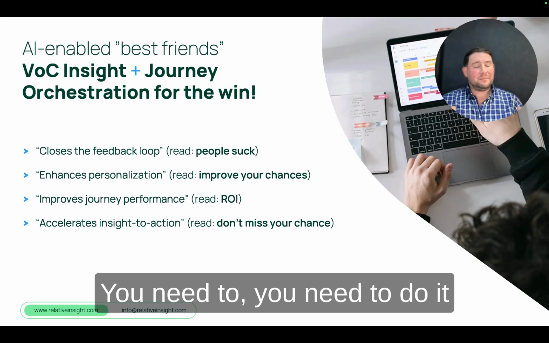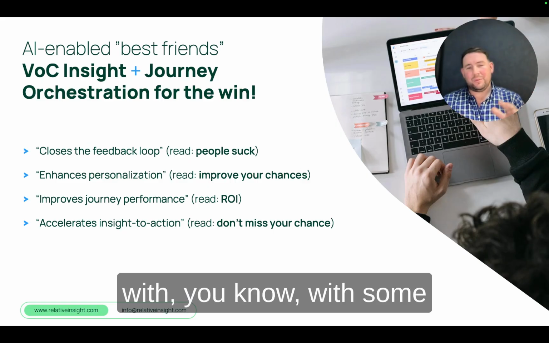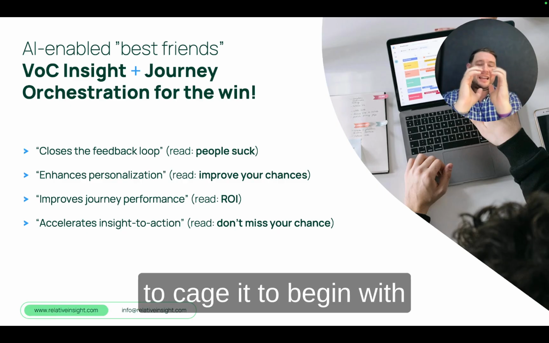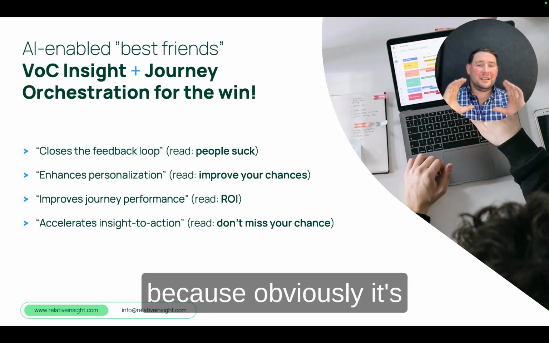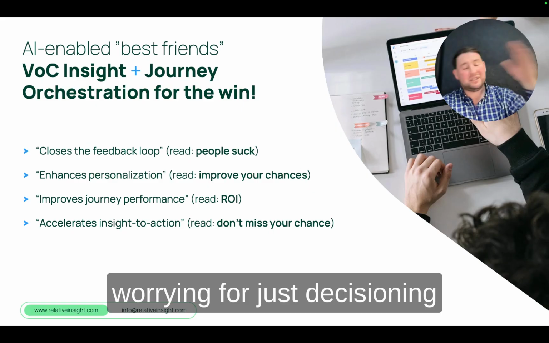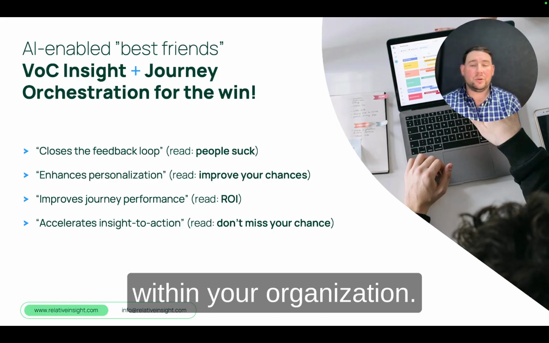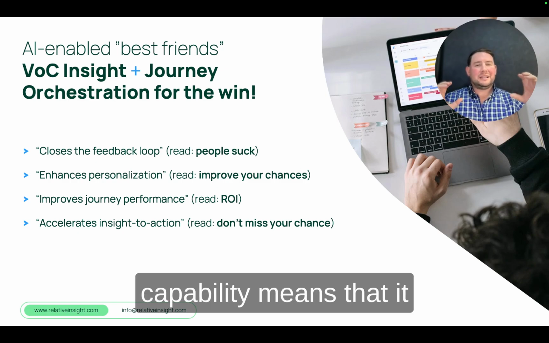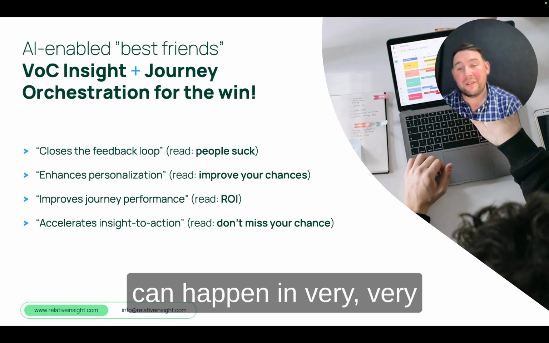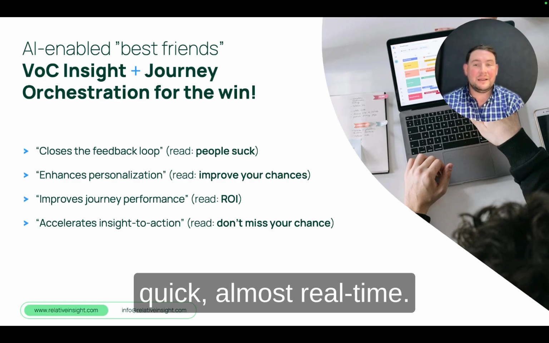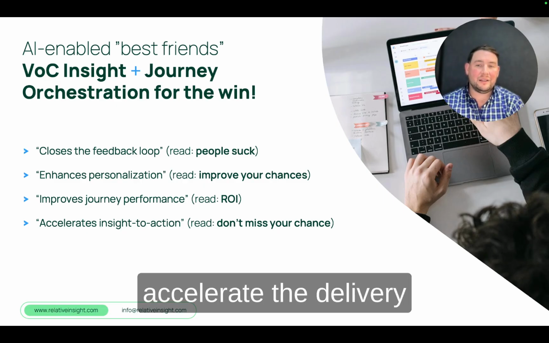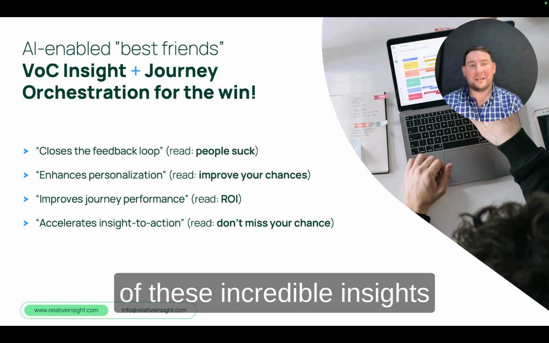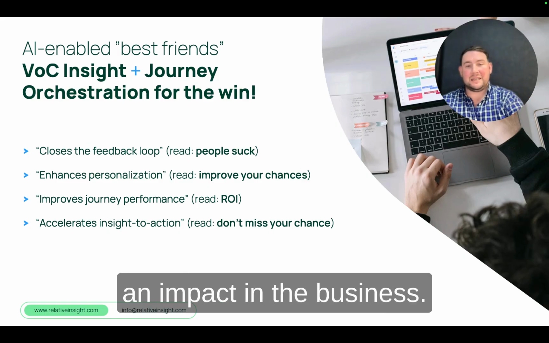You need to cage it to begin with, because obviously it's initially a little bit worrying for just decisioning to be made out in the wild within your organization. But once that trust is built, the idea of insights feeding next best action capability means that it can happen in very, very quick, almost real time. And that means that you can accelerate the delivery of these incredible insights, actually having an impact in the business.